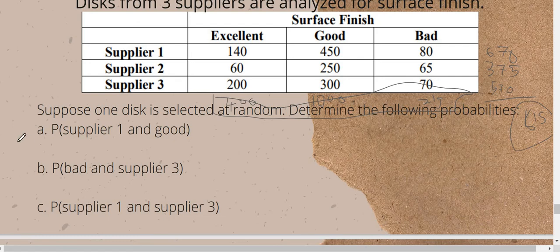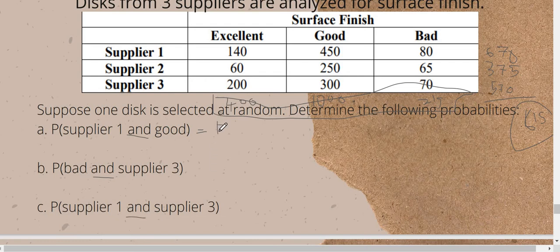The question asks you to determine the probability of supplier 1 and good. Class, one more thing to differentiate between the multiplication rule and the addition rule: the keyword here is "and". If the word is "and", it means intersection.